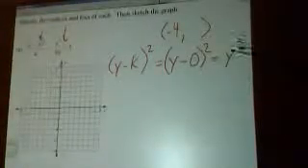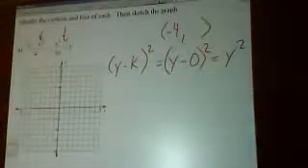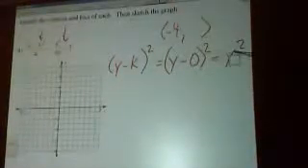Isn't that just y? So I got y squared. So if you see y squared, that means k is 0. So I'm going to go ahead, clean this up real quick, and we're going to put in 0 for the y coordinate, okay? So we're going to go to x equals negative 4, and we got 0.